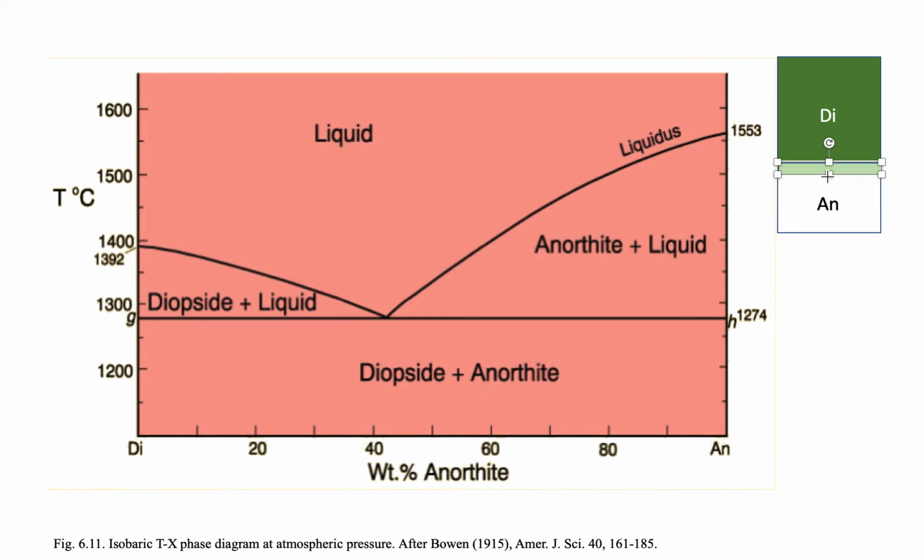There's probably cleverer ways to illustrate this, but there's our liquid just getting smaller and smaller, anorthite eating in this direction, diopside eating away in this direction. We're forming both the minerals in the same proportions, in eutectic proportions, until all the liquid is gone and all we have is diopside plus anorthite that's back at the original bulk composition at 33%.